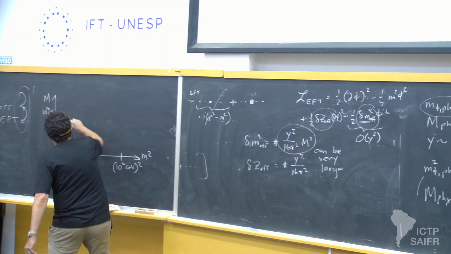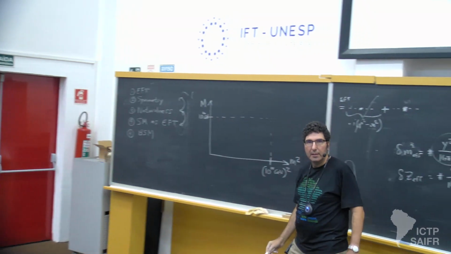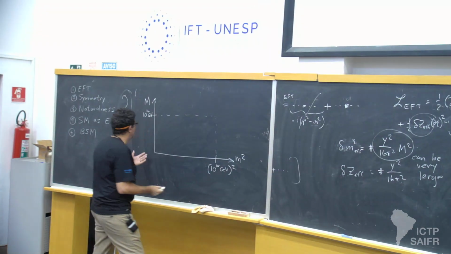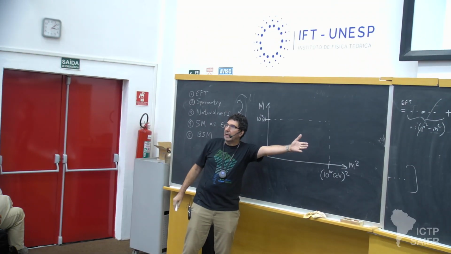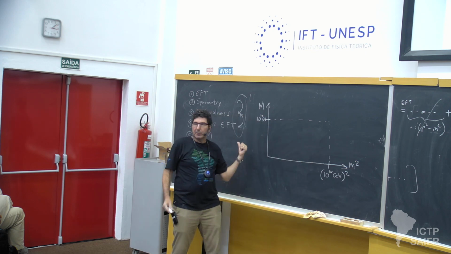And then, I want to live somewhere here. But now, what is this actually? What I claim is that in this theory, what happens if m squared is really, really large? I don't know, I just get some heavy field phi. What happens if I make m squared smaller and smaller?